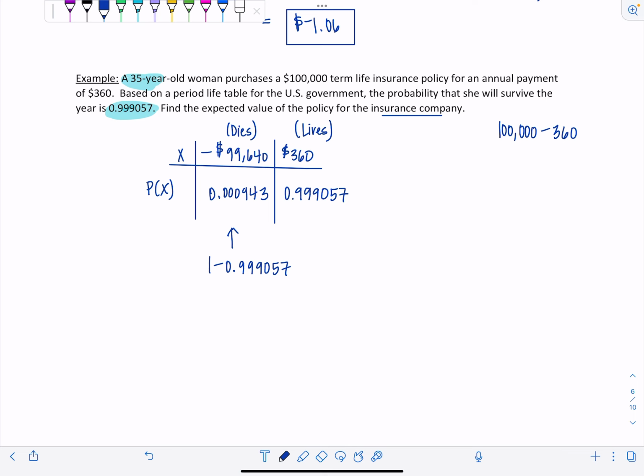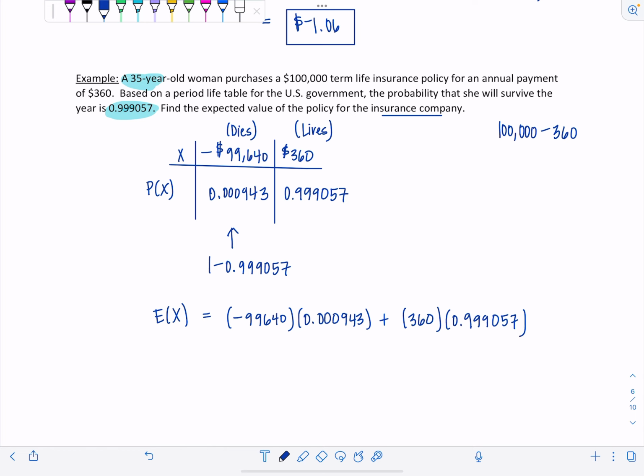Very good. So now we can figure out the expected value of this policy, E of X, from the insurance company's point of view. I'm going to take each of the values, negative 99640, and multiply by the probability 0.000943, plus 360 times 0.999057.